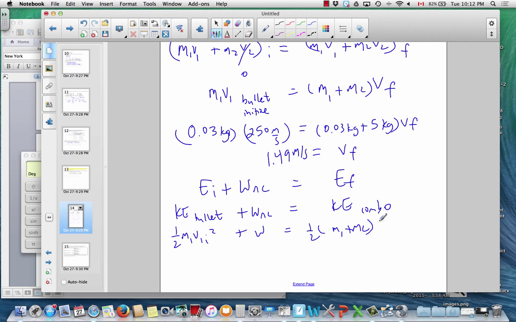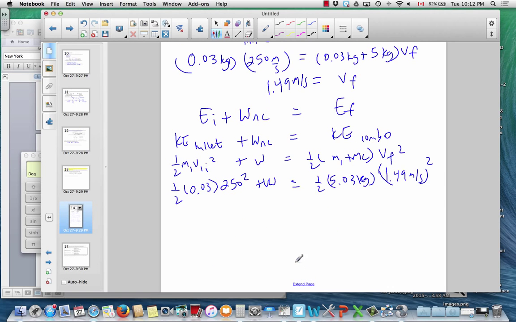So there's no potential energy here, there is just kinetic energy. So here's the bullet, there's its initial kinetic energy, and then here's the 5.03 kilogram combo object at the end, now moving, we know, at 1.49 meters per second.